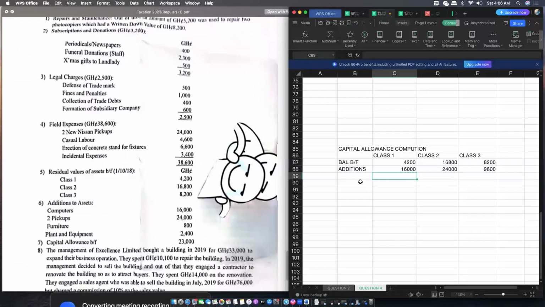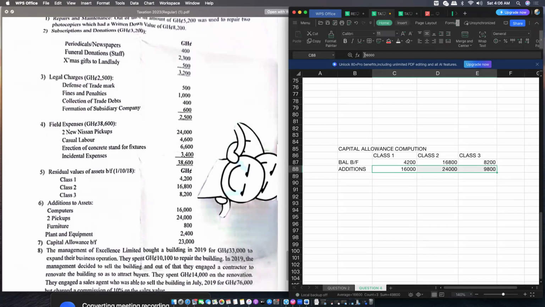We are trying to know whether there was an excess or not. So maybe someone would have done it this way, then he will sum this up.